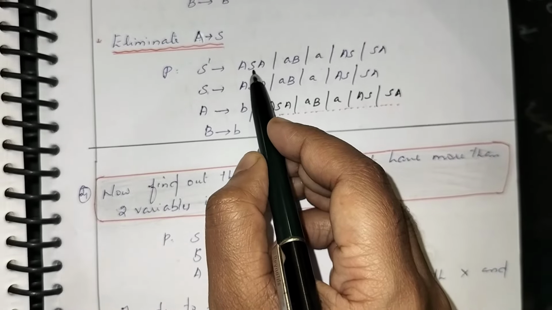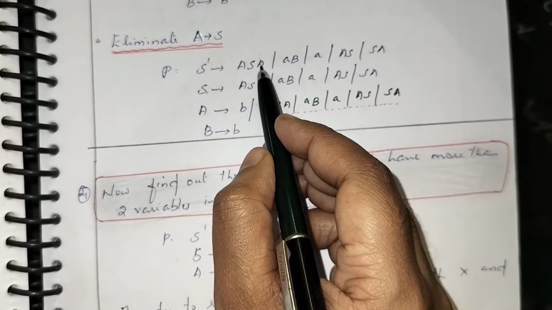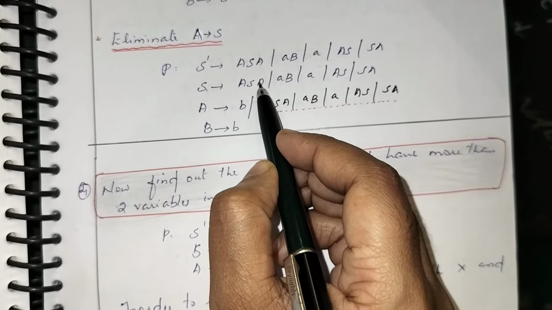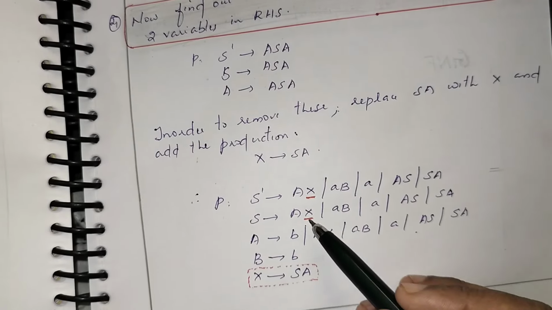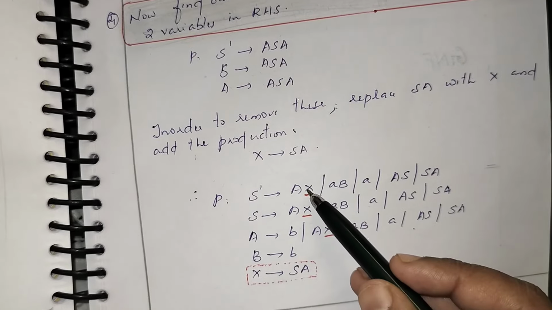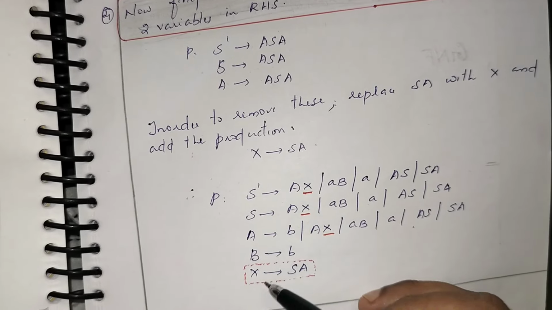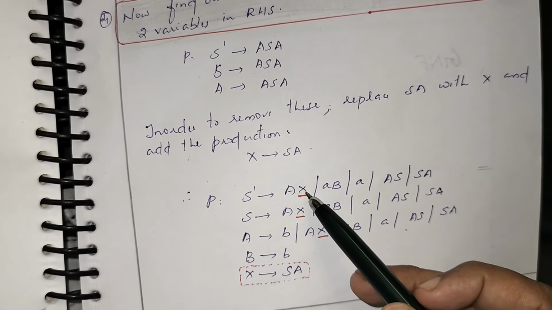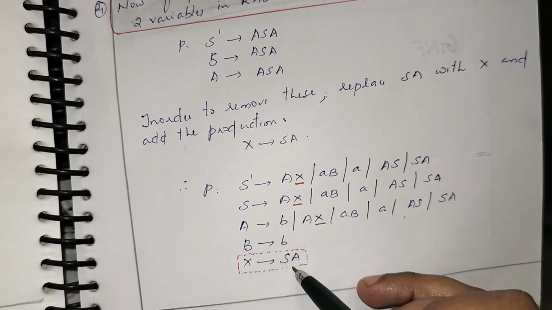So wherever you are seeing SA, I can write X. Okay, so AX, here also AX. Okay, here also AX. So you can see this. So what is X? X is SA. So you should add that production also. If you are replacing something with a new non-terminal, you need to write the production for that also.